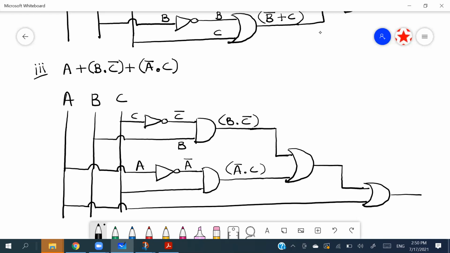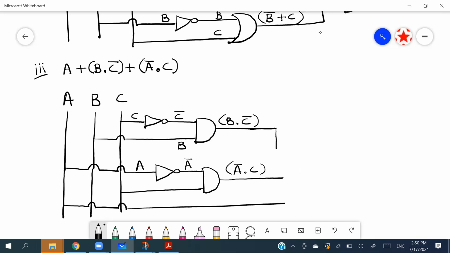But you can reduce the number of gates if you use an OR gate with three inputs. So instead of this, I'm going to take these away, and I'm going to erase this as well.